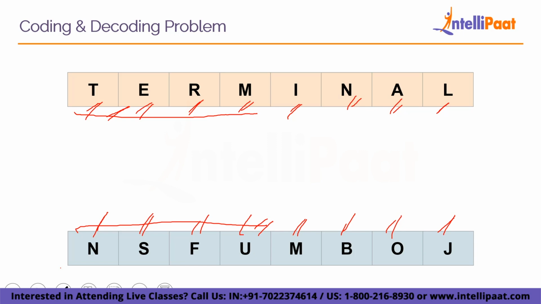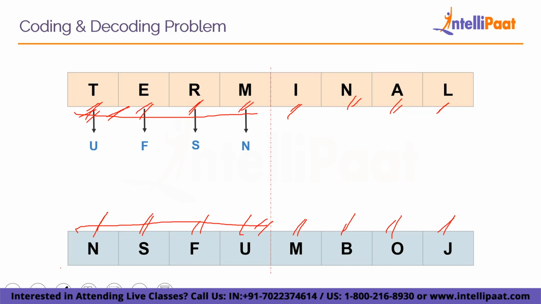So the approach we are following in this question is, first of all, divide this word into half. So I've divided these into half, and now what we are going to do is just write the next alphabet of each letter here. So after T you get U, after E you get F, after R you get S, after M you get N, right?